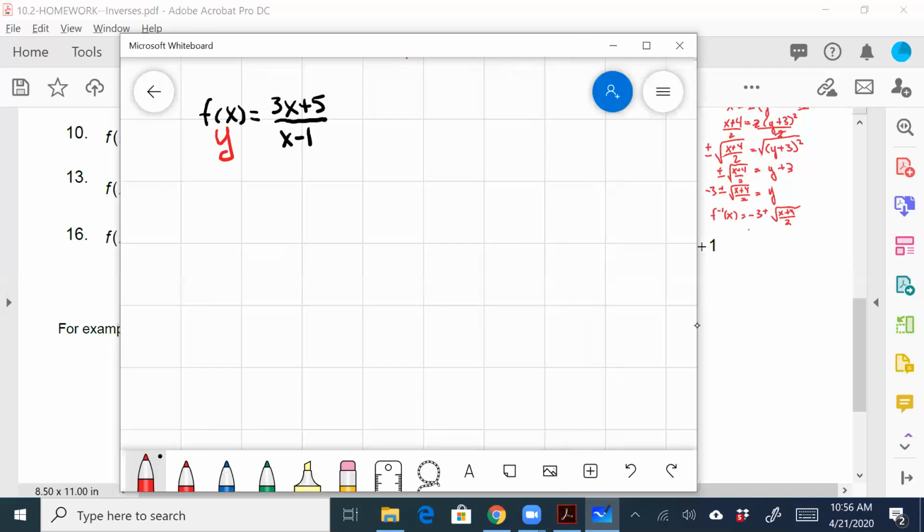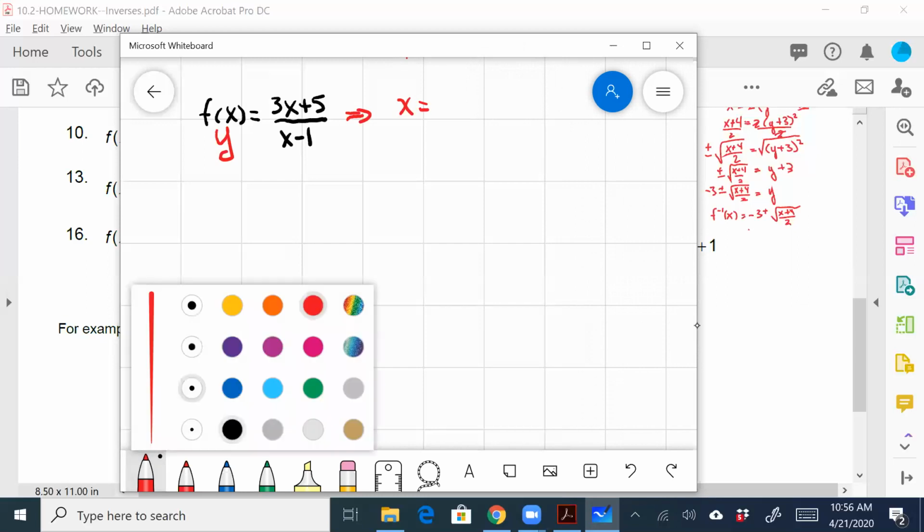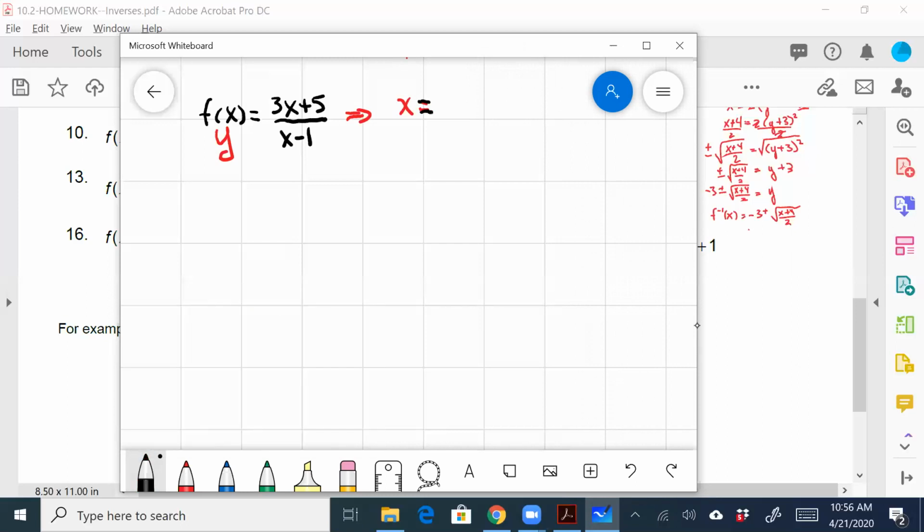Then we switch. x equals 3 blank plus 5 over blank minus 1.